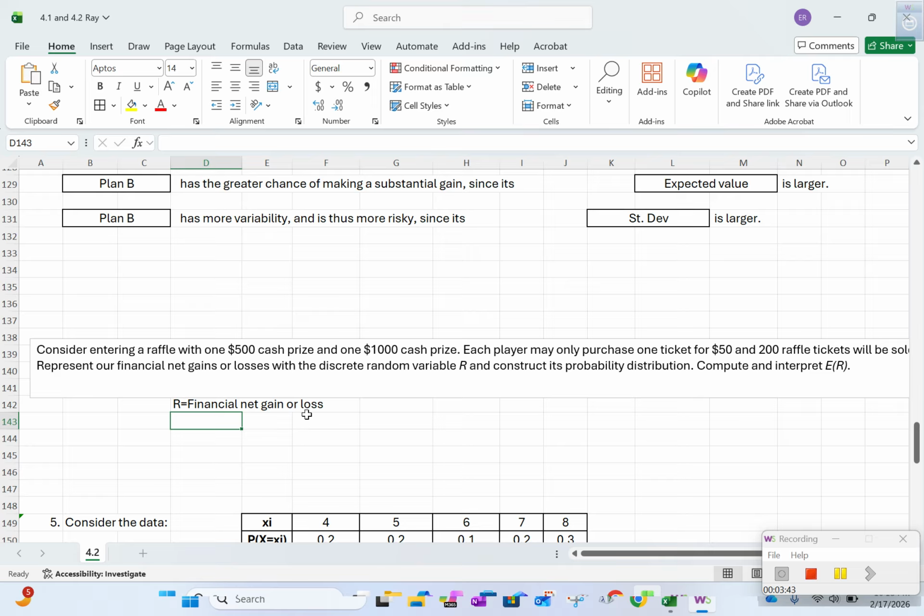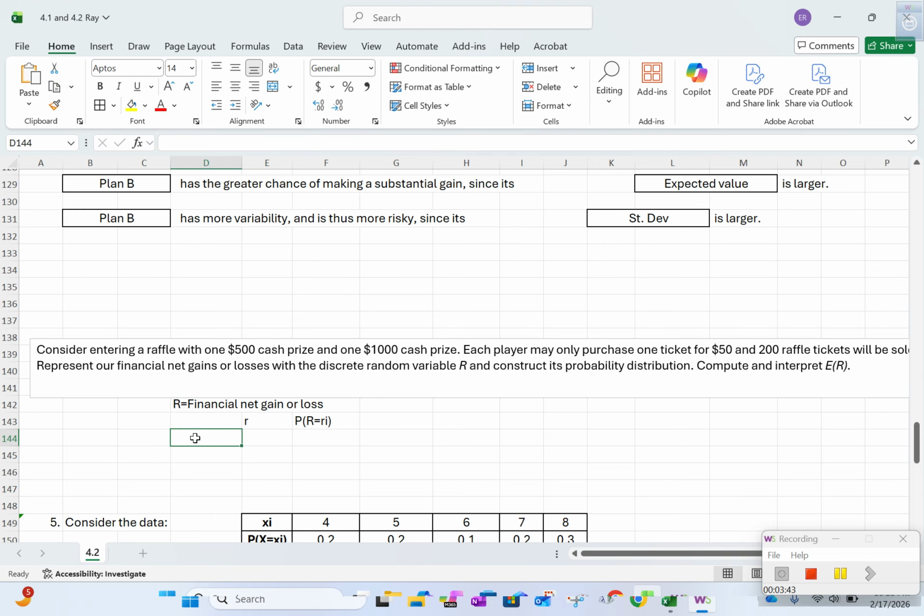Okay? So then we have to talk about what are the possibilities of things I could win, and what I could do for losing. When I say net gain, it means I have to subtract any of the payments that I made to win the money. So I'm going to write this out in a strange way. We know to do a probability distribution, we need our x and our p of x. So in this case, they have R. So I'm going to use r, and P of capital R equals r i for that.